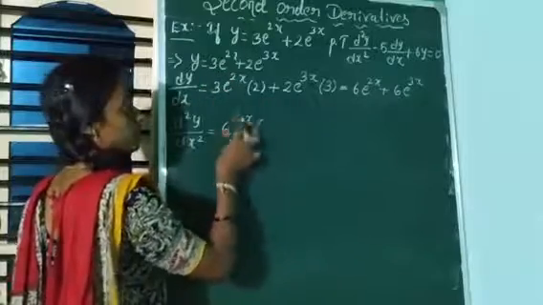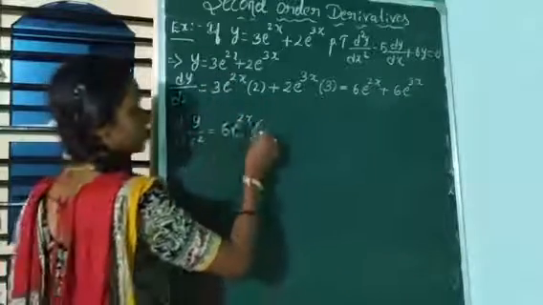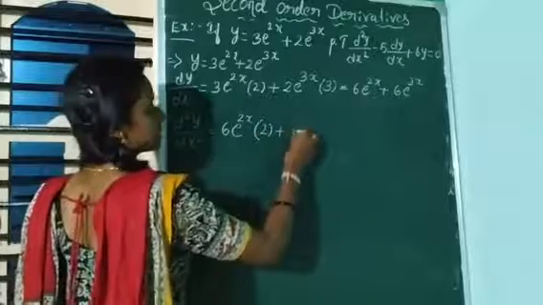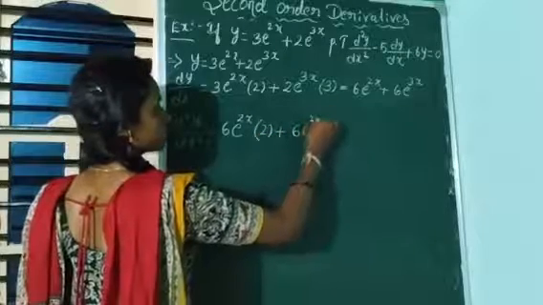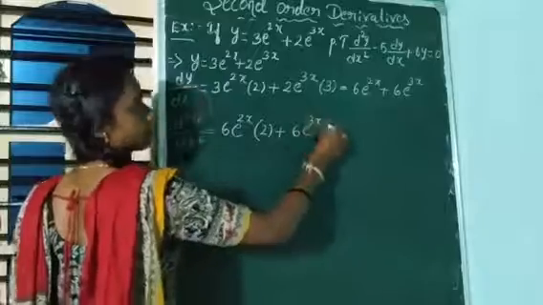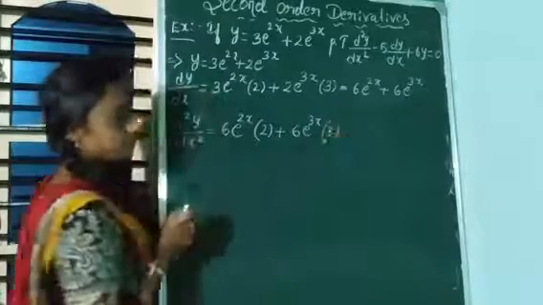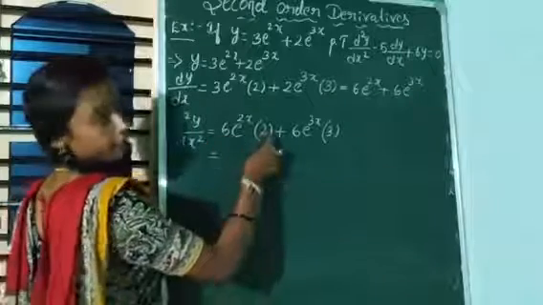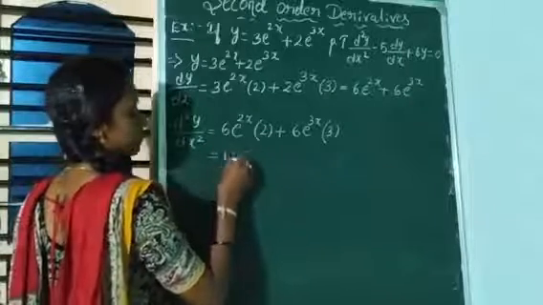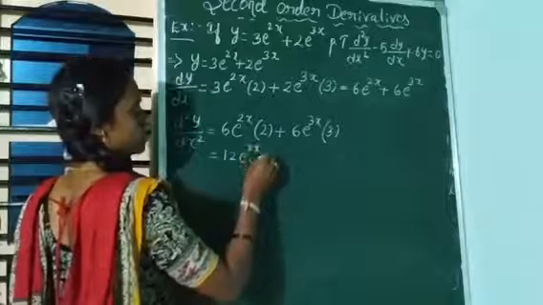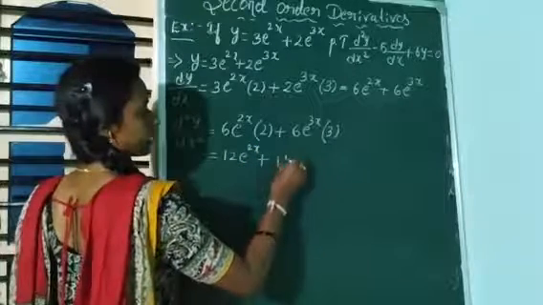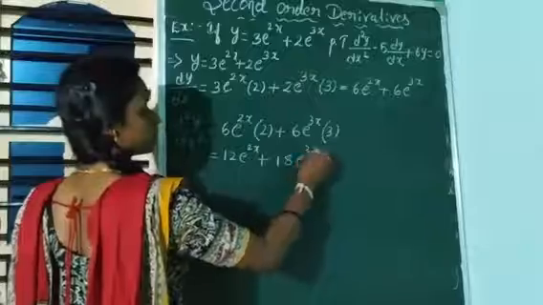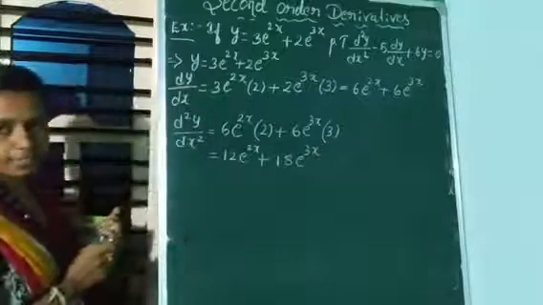Once you differentiate this 2x, again you will get 2, plus 6 into e power 3x, again the derivative of 3x is 3. Now 6 into 2 is 12 e power 2x, plus 6 into 3 is 18 e power 3x. This is the second order derivative.